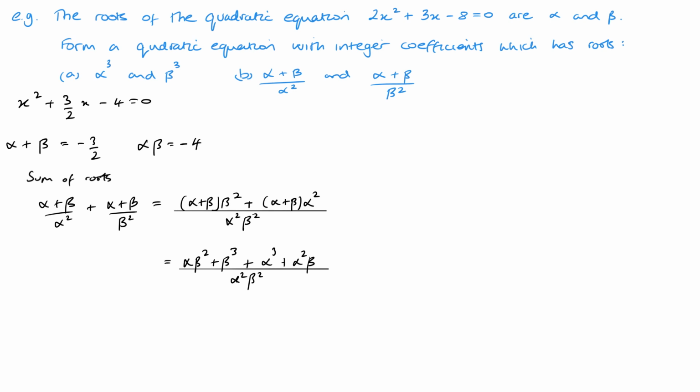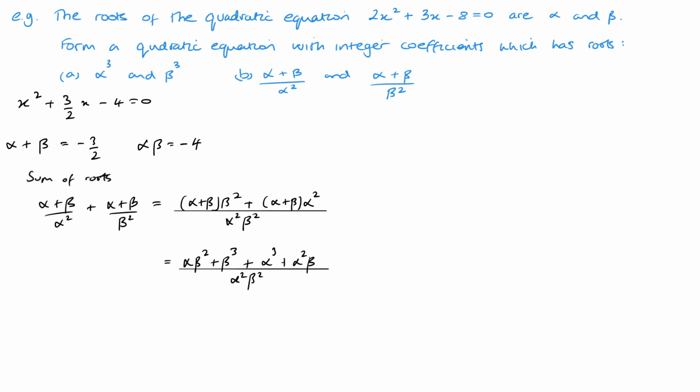Hopefully you can see this, and really it just comes down to some algebraic manipulation, because we're just trying to get everything either as an alpha plus beta or an alpha times beta. Our issues here are the beta cubed and the alpha cubed, which we've seen in the previous part, and then the alpha beta squared and the alpha squared beta.